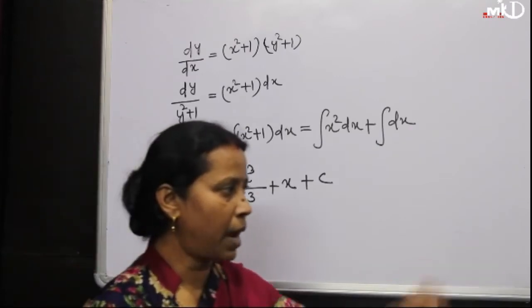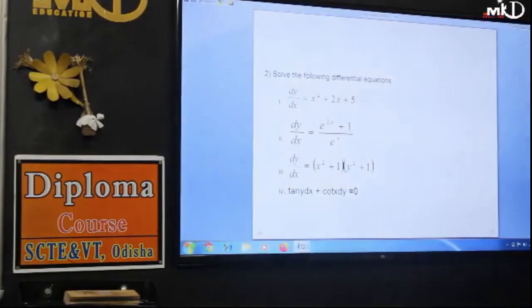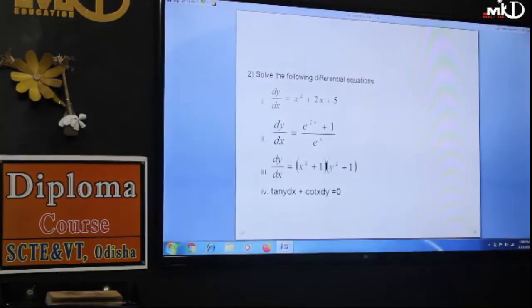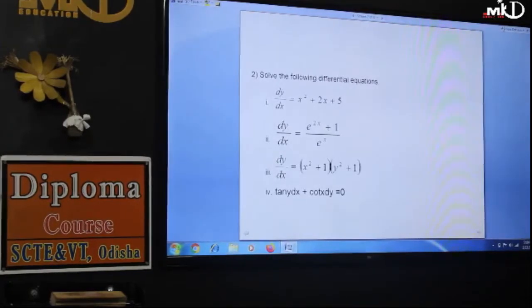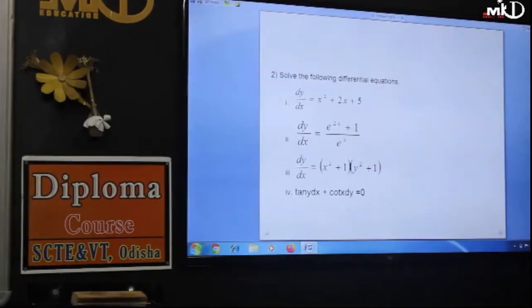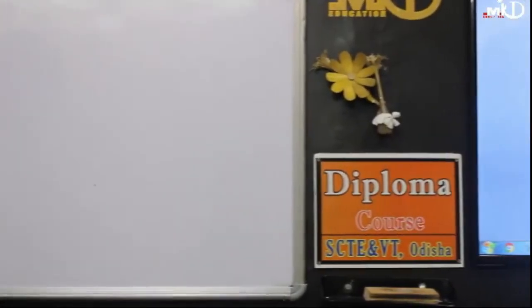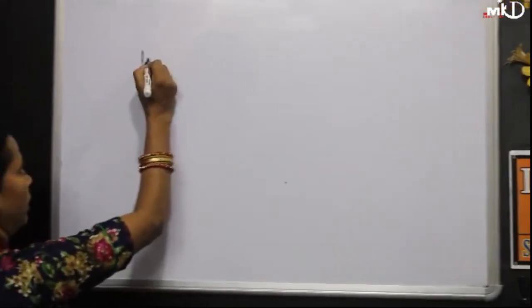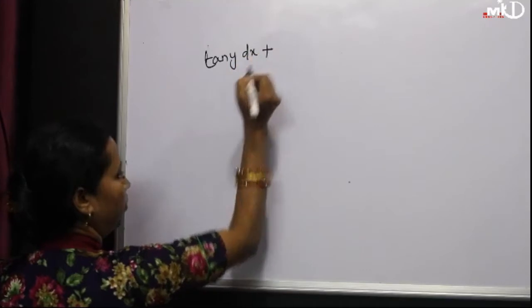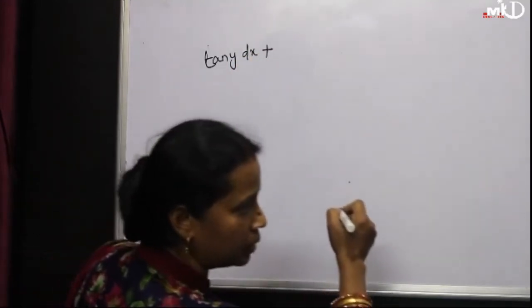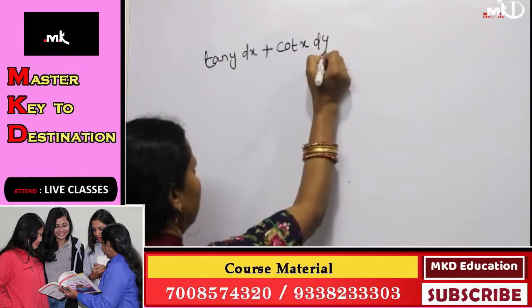Next question, we find tan y dx plus cot x dy is equal to 0. So here it is a little bit hard to separate the variables. You see the question, tan y dx plus cot x dy is equal to 0.